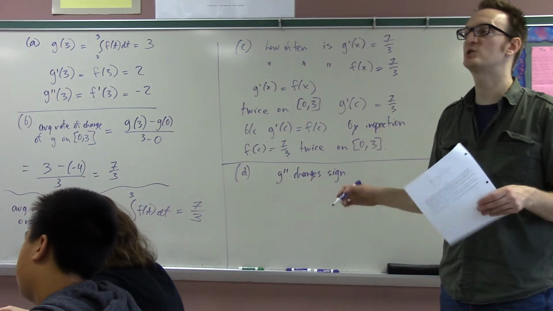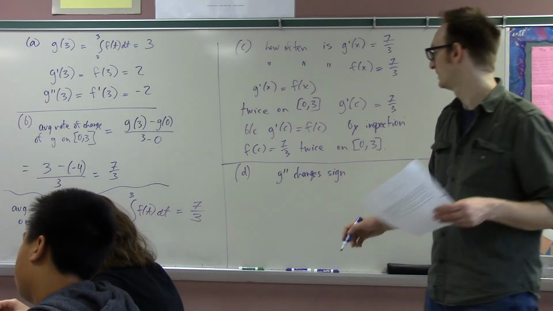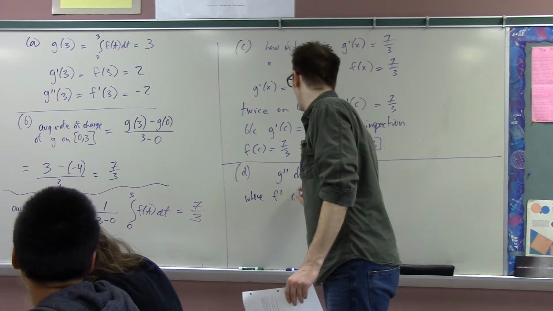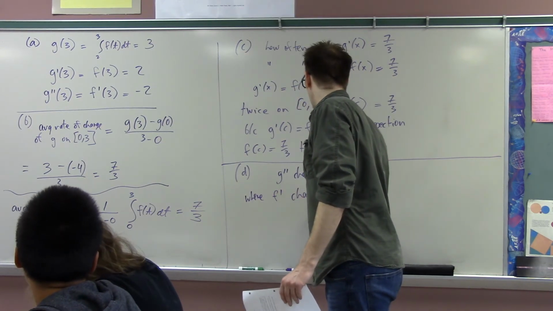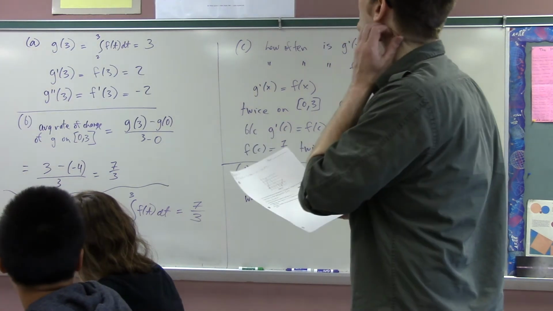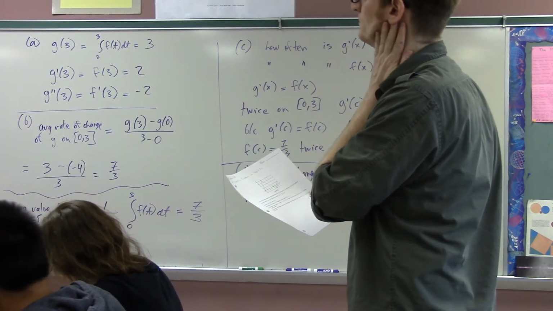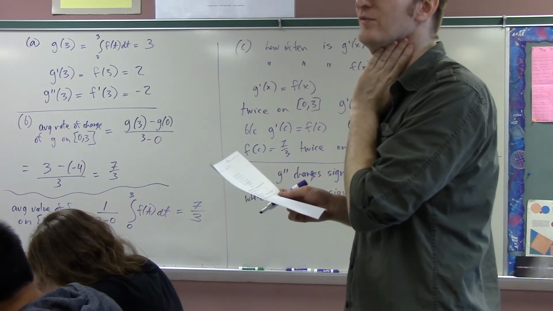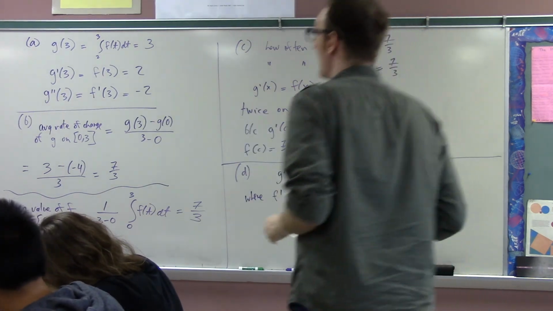But of course, what is G double prime? F prime. So we're looking for where F prime changes sign. Where does F prime change sign? At 2 and 5, exactly.